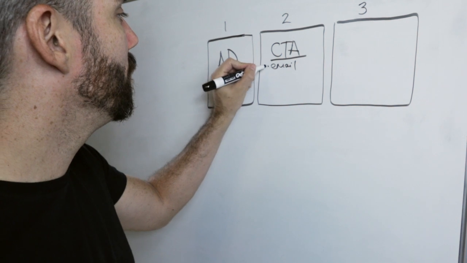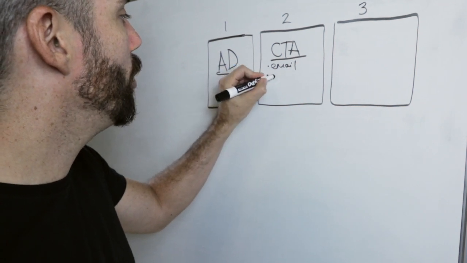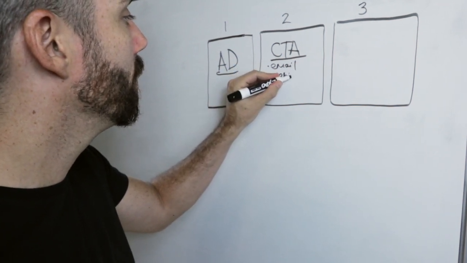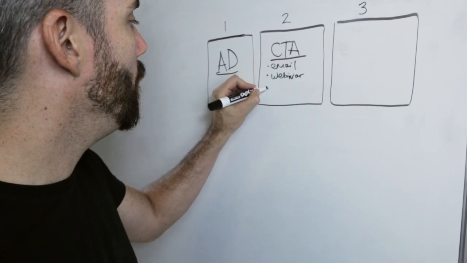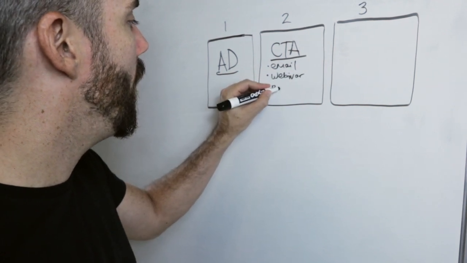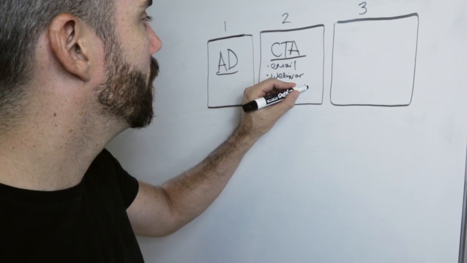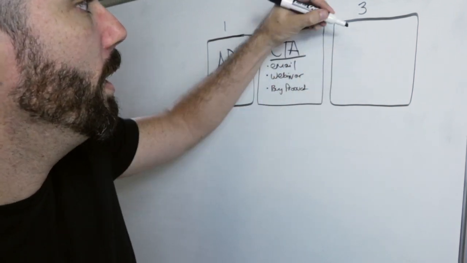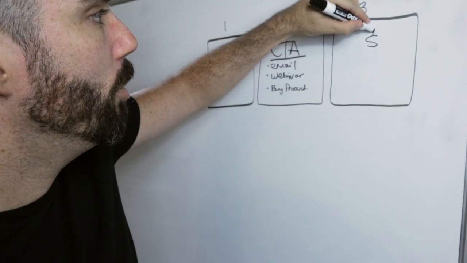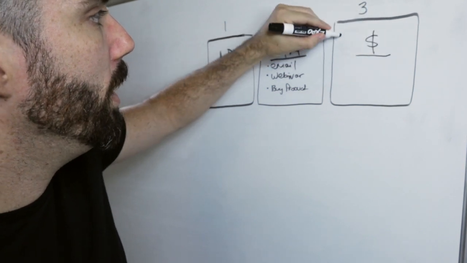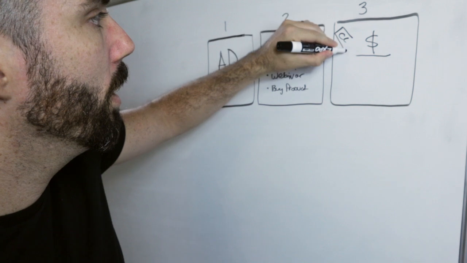So you got your email. It could be register for my webinar. Or it could be buy my product. Step number 3, this is going to be your checkout page. This is where somebody gives you a credit card.